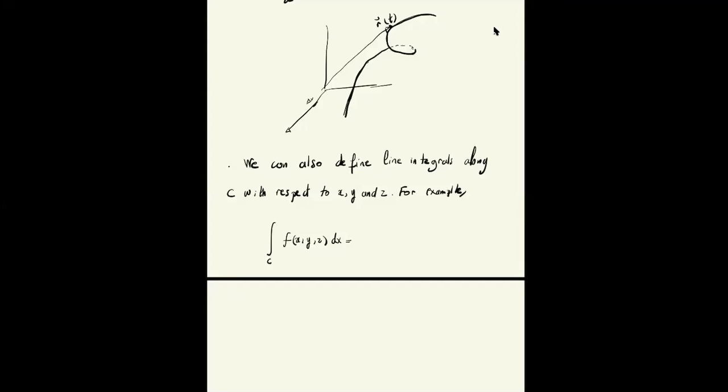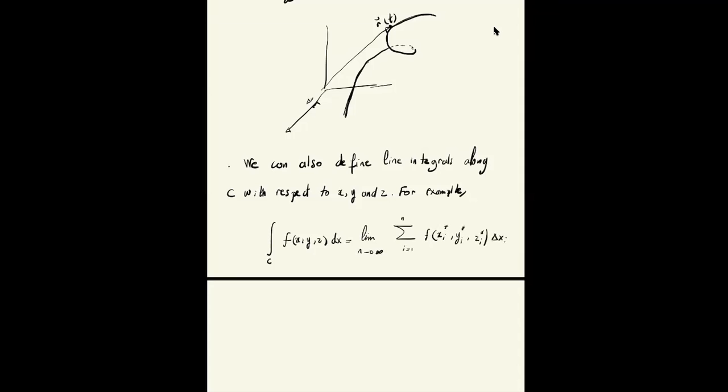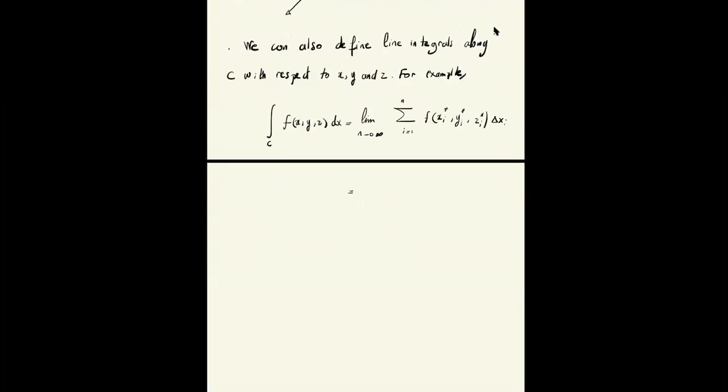So we're going to multiply by this delta x, not the one here. Then you can do the same calculation to evaluate this limit.